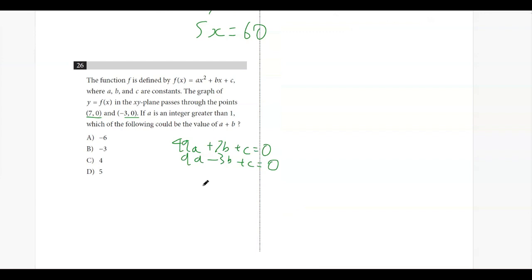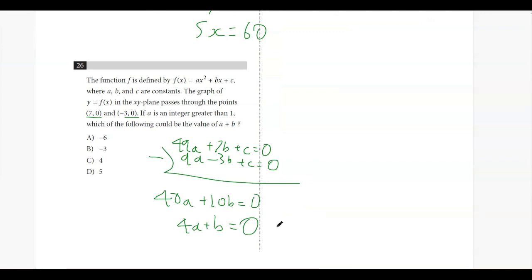And I'm going to go ahead and subtract this because I don't want this c here. So I'm going to write this out here. So 40a plus 10b is equal to 0. 4a plus b is equal to 0.